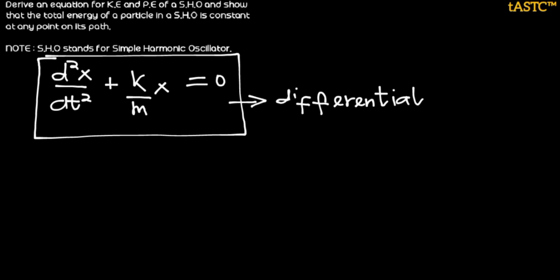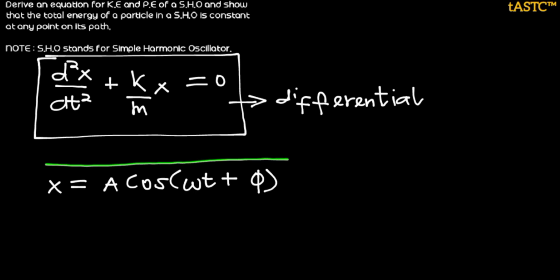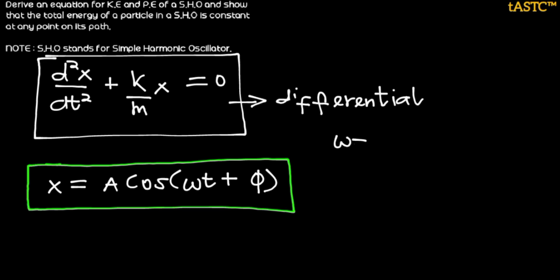By integration, I'm going to have x equal to a cos(omega t plus phi). This is the equation that will be formed. Now we know that omega is equal to 2 pi f. We also know that f is the same thing as 1 over 2 pi.